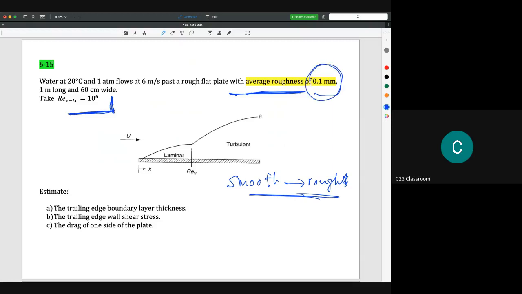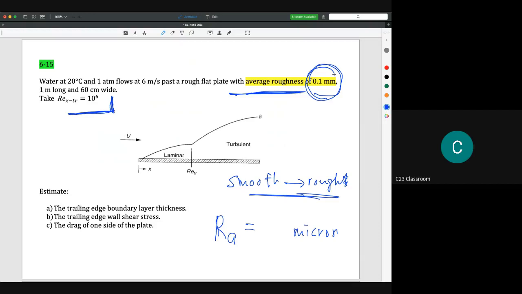So the unit for the roughness is length actually, because if you're familiar with the surface roughness tester, it will give you the average value of roughness written as Ra. So it will give you in micron. So micron means length. But now it gives you 0.1 millimeter. So it is equal to 100 micron.